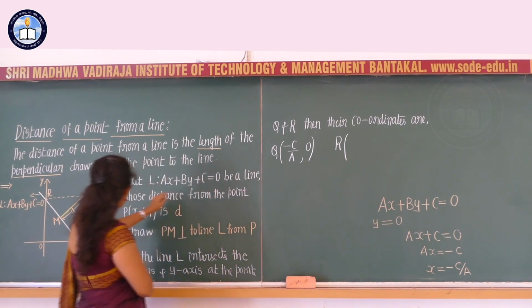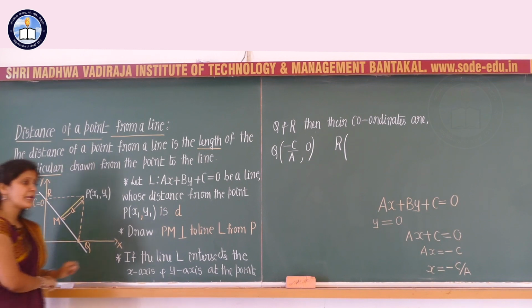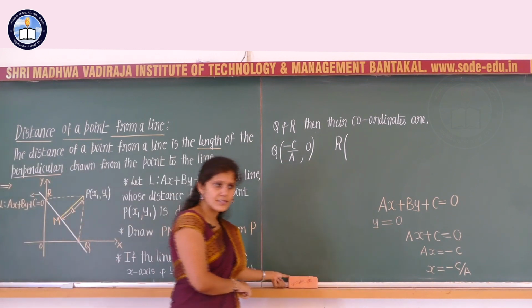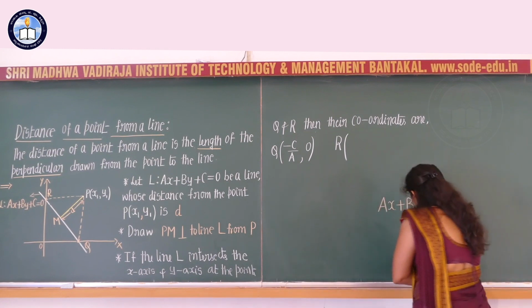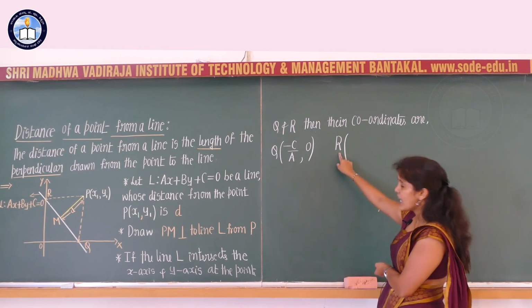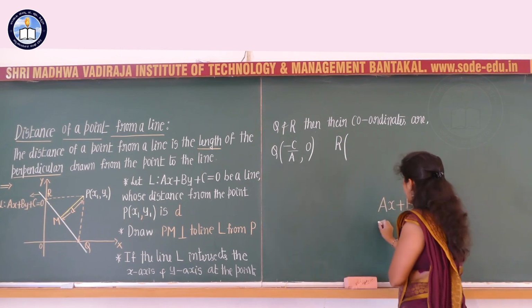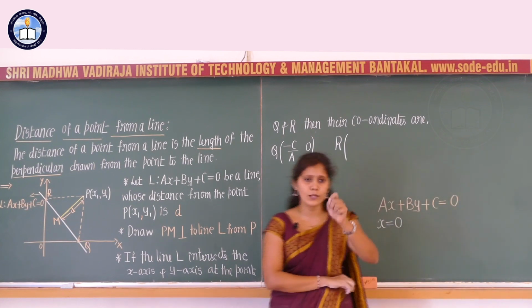We know that R is a point which lies on the y-axis. If any point lies on the y-axis, then its x coordinate is 0, correct? Now we are writing the second step, that is, to write the coordinates of the point R. R lies on the y-axis, therefore its x coordinate is 0. If the x coordinate is equal to 0, what happens?